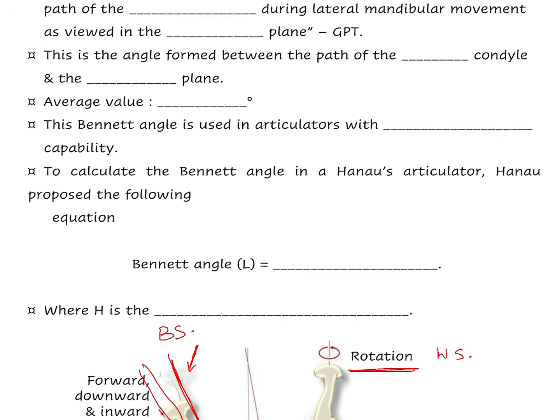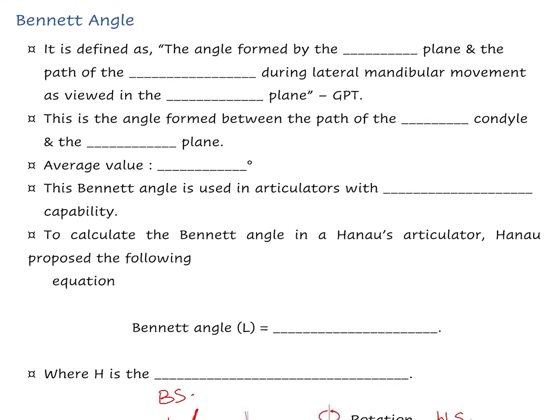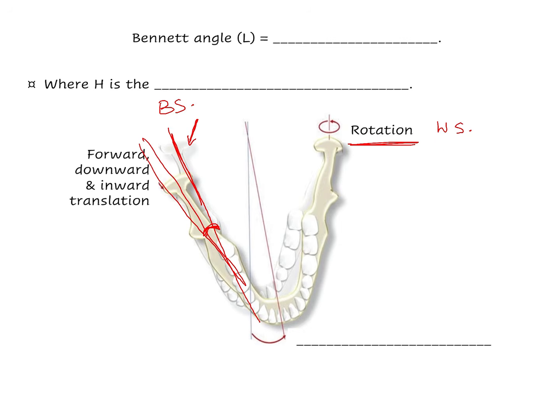And Bennett angle is the angle formed by the sagittal plane and the path of the advancing condyle during the lateral movement as viewed in the horizontal plane. So when you see it from the horizontal plane, it is the angle formed between the original path versus the advancing path.